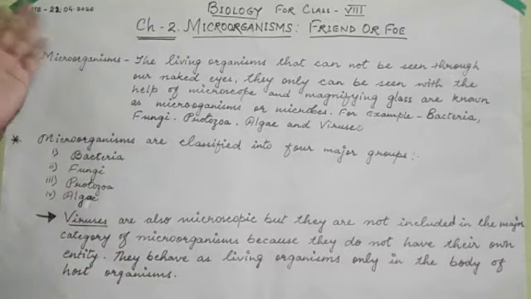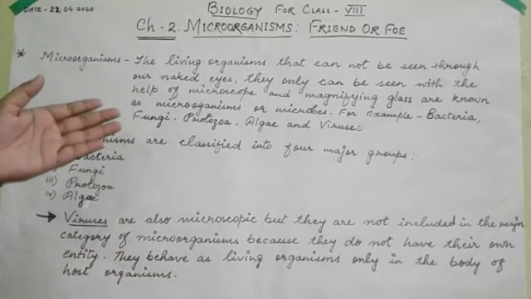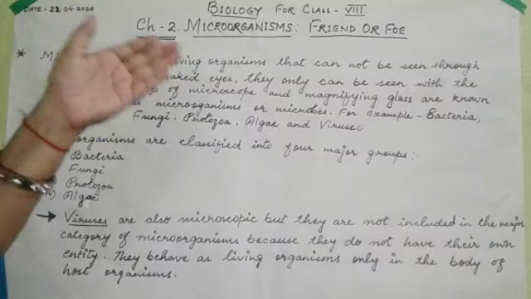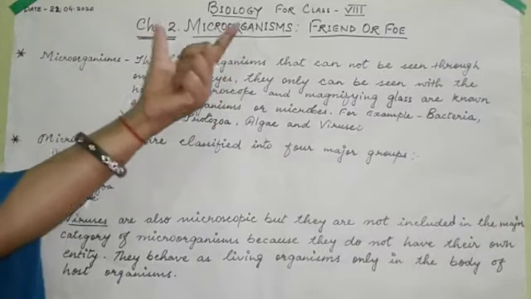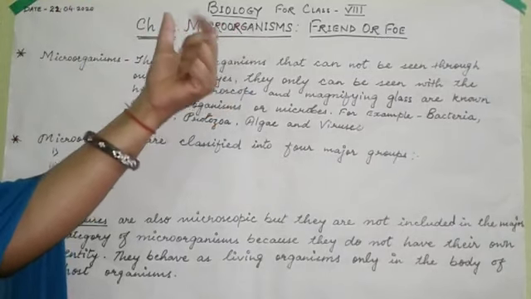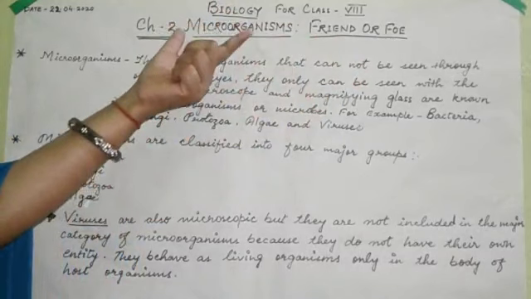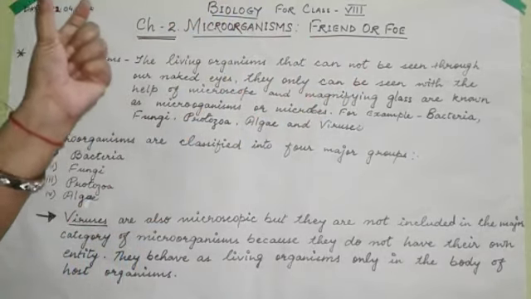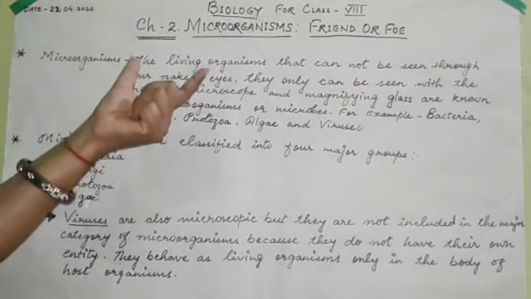Today we are going to study Biology of Class 8, Chapter 2, Microorganisms, Friend or Foe. As the chapter name mentions, microorganism means micro, very minute, a very small organism.